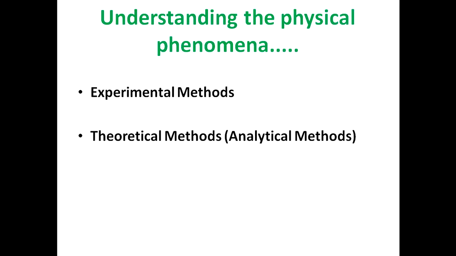Within this, we will be solving the continuity equation, the momentum equation like the Navier-Stokes equation or Rayleigh equation or Bernoulli equation, and the energy equation, the first law of thermodynamics, the second law of thermodynamics. Those types of things we will be solving, and we will arrive at the final conclusion. So that method is the theoretical method.